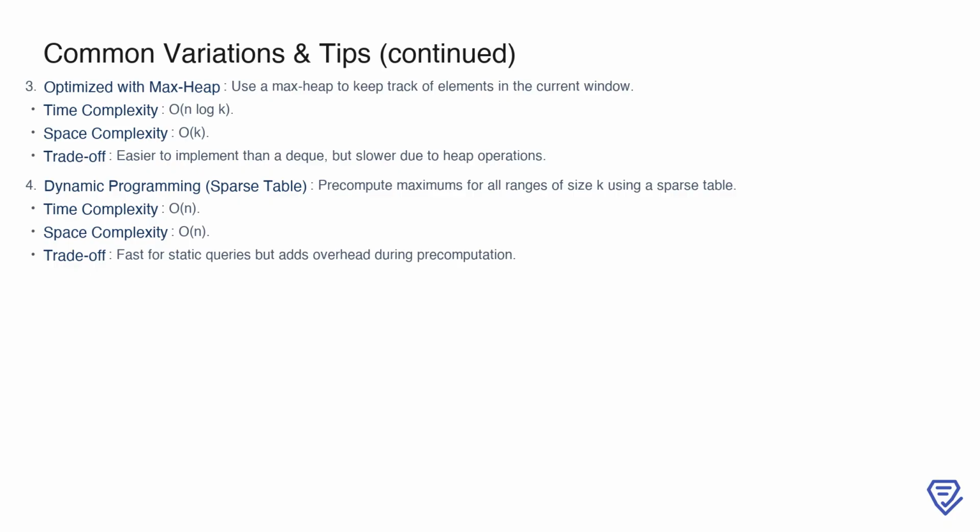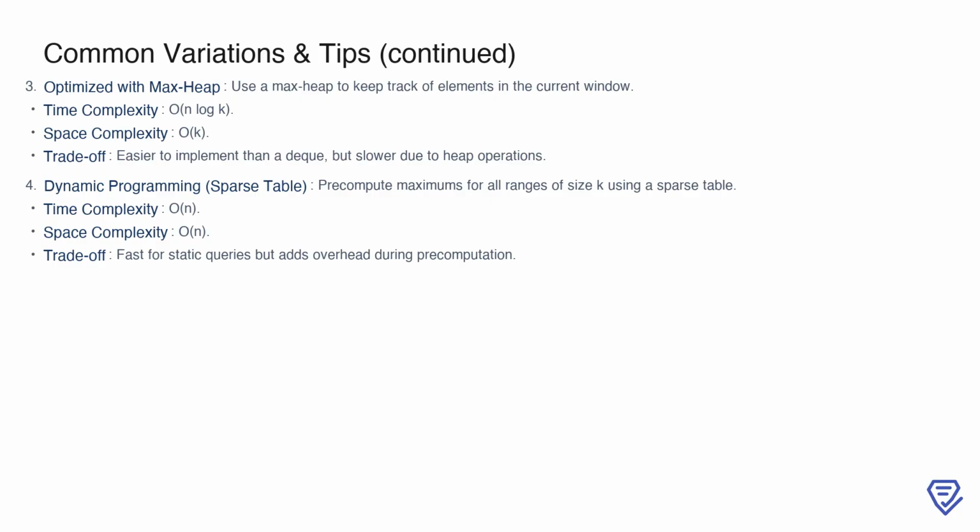This approach is very fast for static queries, with a time complexity of O(n) and space complexity of O(n). However, it introduces some overhead during the pre-computation phase, which may not make it suitable for all use cases.